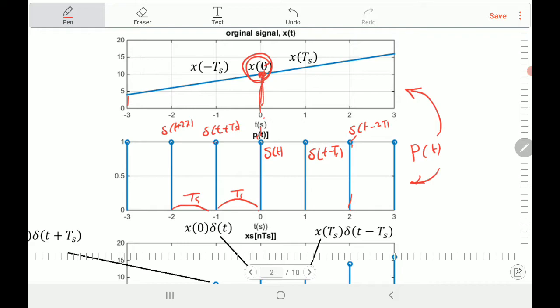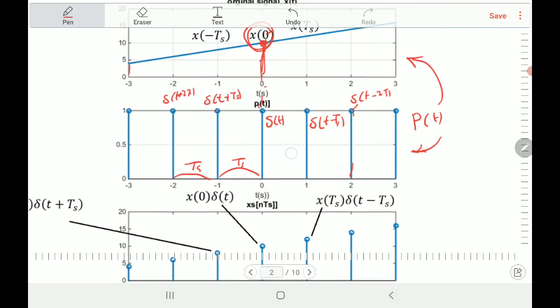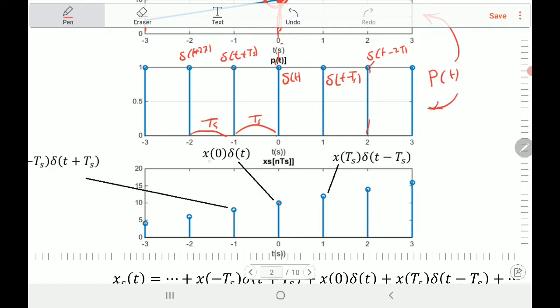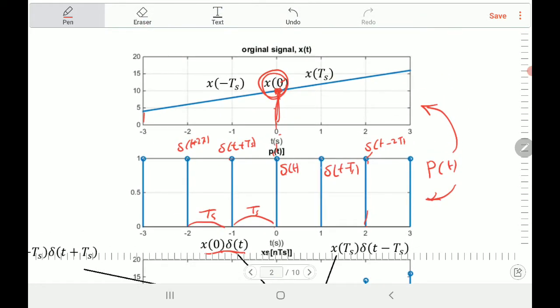That's the height. And you multiply it by delta t, then the value is equal to x0 delta t, because delta t has a position at t equals 0. Let's take another one. If you multiply this pulse by the straight line, then you get the value here. But this value is equal to x of t equal to Ts, which is equal to 1 in this case.